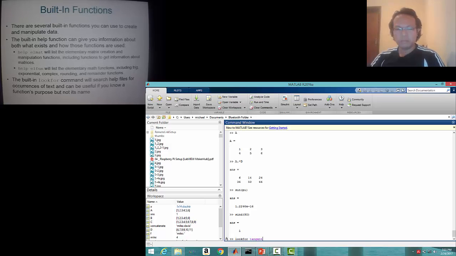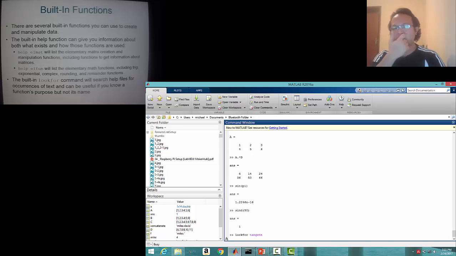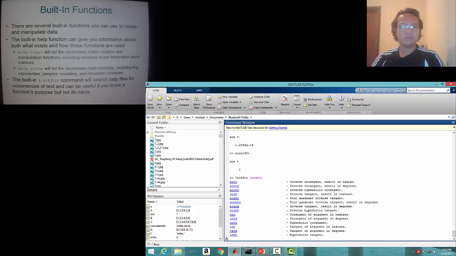MATLAB will scan all its functions and tell you maybe you're looking for these functions, maybe this function is fit for you. Let's hit OK. Lookfor tangent, and then MATLAB will tell us. Okay, these are the possible functions: acot, inverse cotangent, result in radians. But if you put d, it will become degrees, and all of this. Okay, that's what I'm saying.